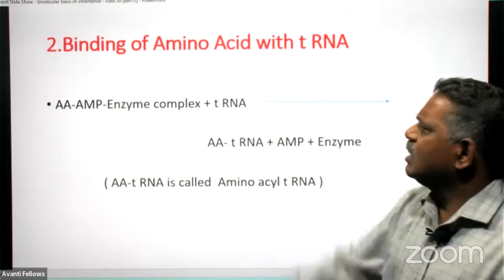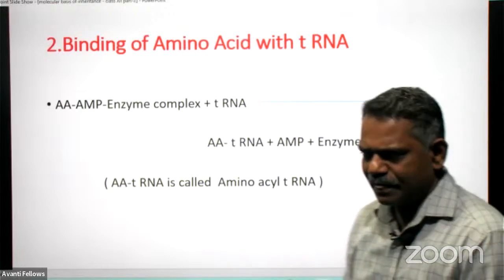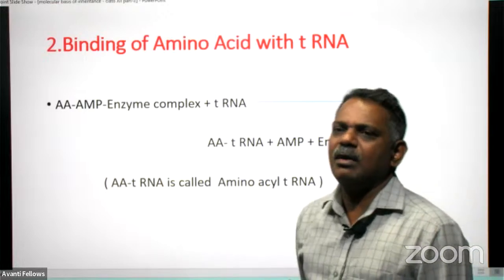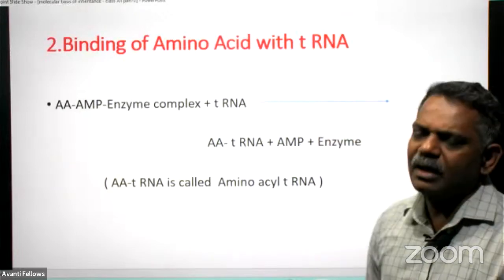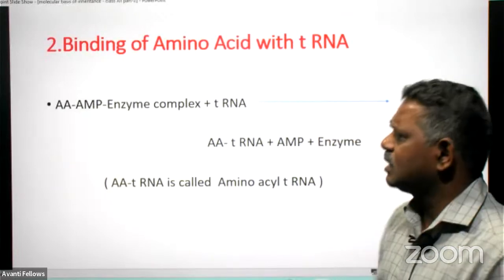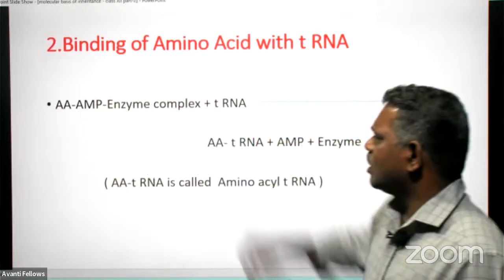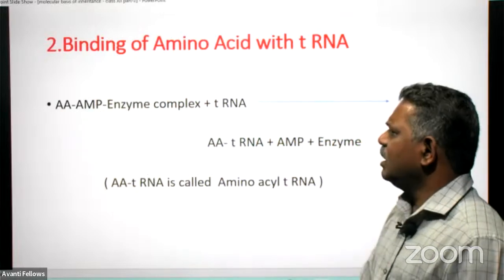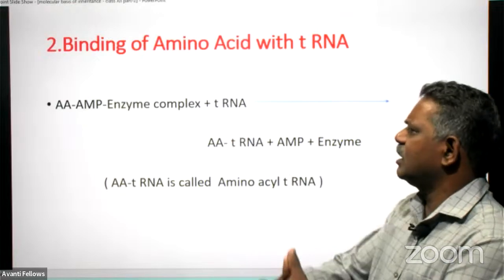And the second one is the binding of amino acid with the tRNA. After the activation of this amino acid, it binds with the tRNA. tRNA means the transfer RNA. So the amino acyl AMP enzyme complex chemically binds with the tRNA.